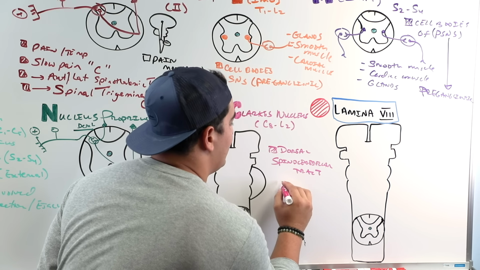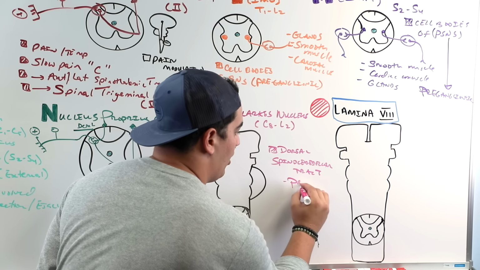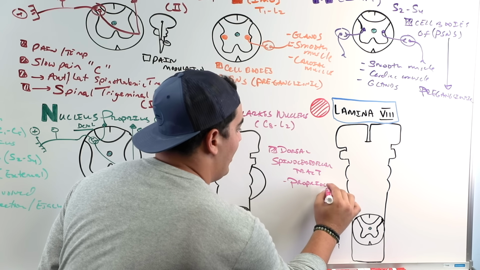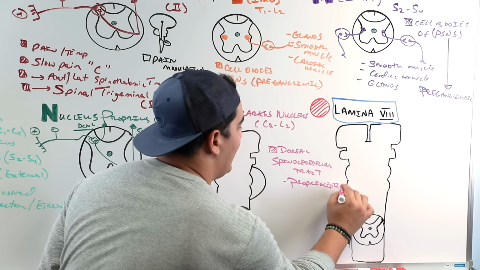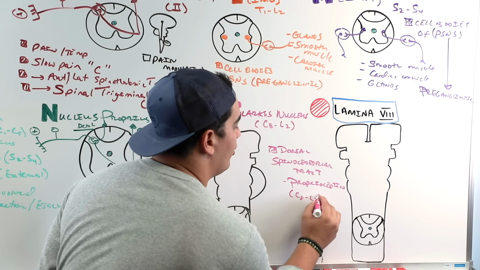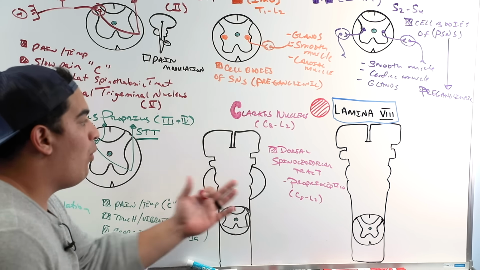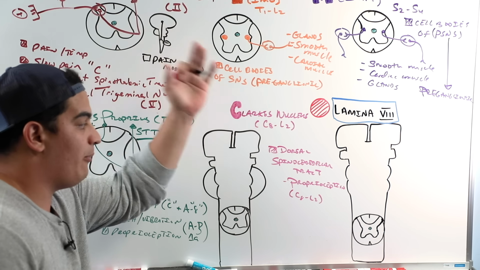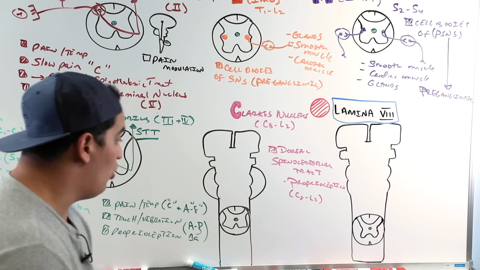And again, what kind of sensations does that carry? Proprioception. And it's only carrying proprioceptive sensations from what levels? Again, C8 to L2, L3. So that is important. Whereas ventral spinocerebellar was carrying it from L2, L3 to the coccygeal 1 area.